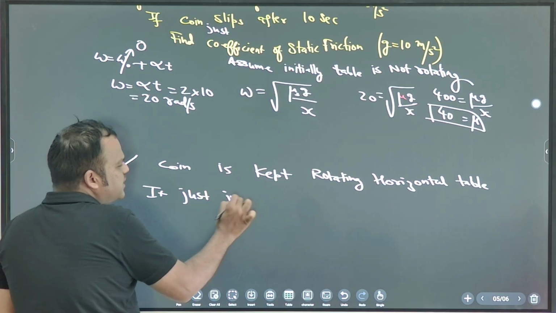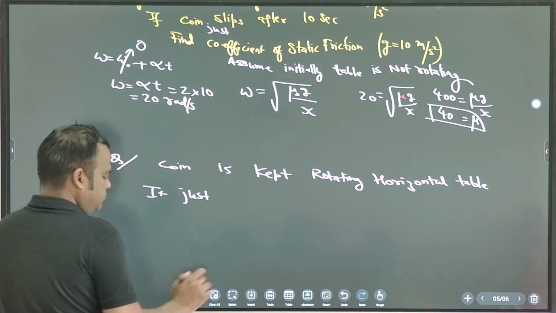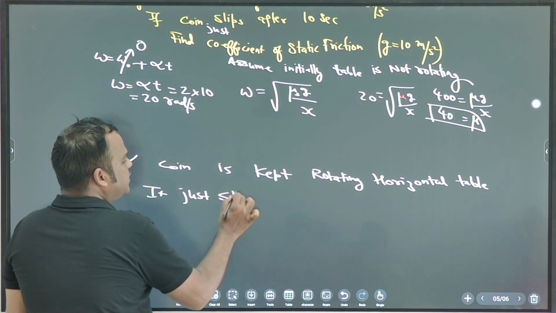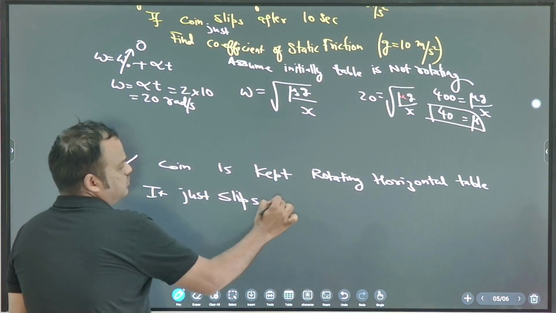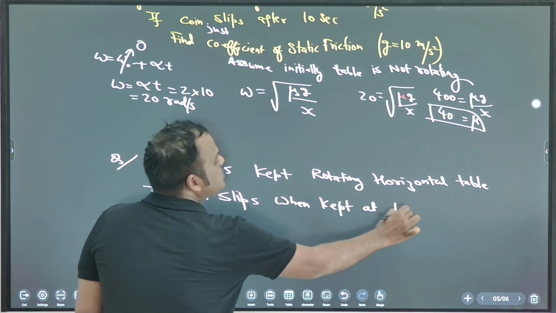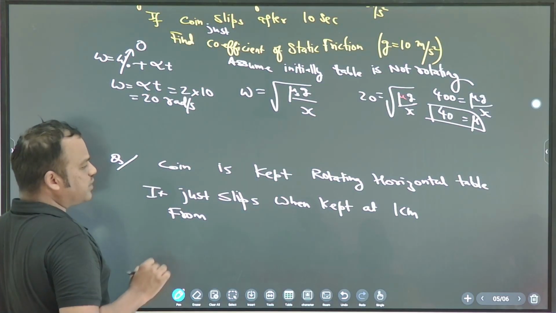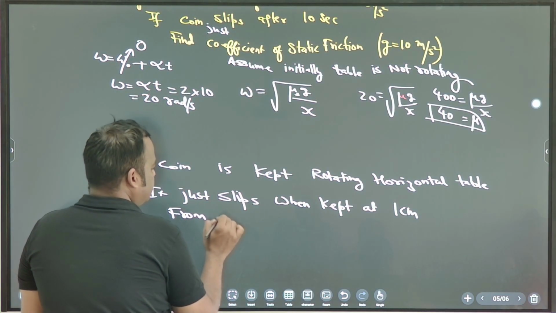It just slips when kept at 1 centimeter from the axis.